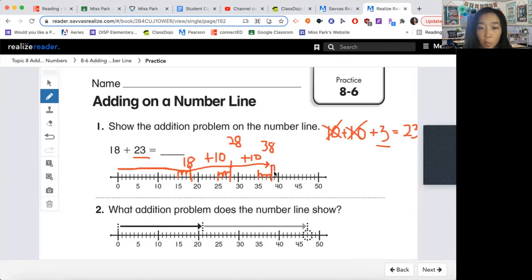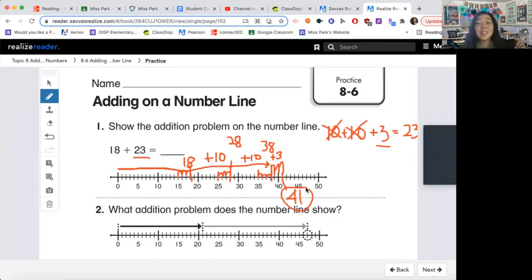So we got 1, 2, 3. Now that we added 3, we added all 23 parts. Now, what number did we stop at? It's 1 after 40. So one number after 40 is going to be 41.